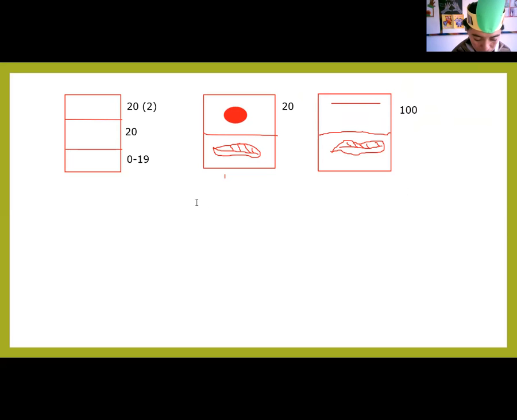For the last number, I'm going to use 88. Remember, we have 2 levels here, the 0 to 19, and 20 for each dot. If I have 88, how many dots are going to be here? 20, 40, 60, 80.